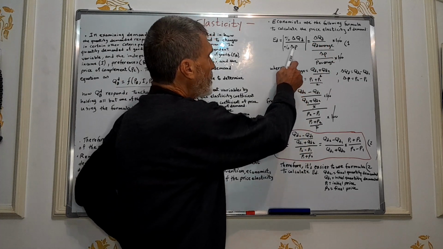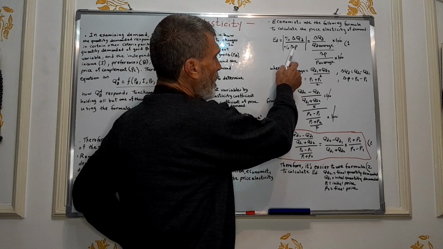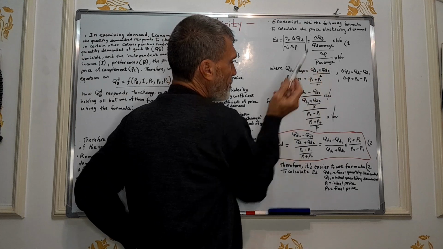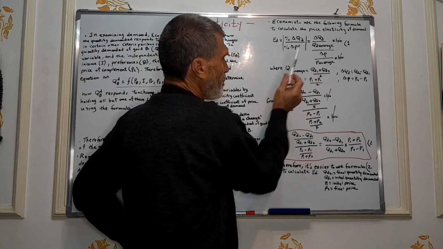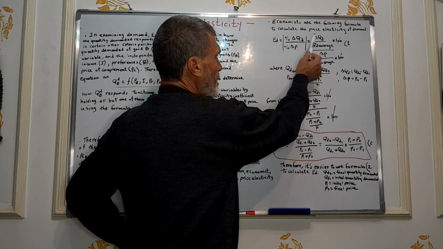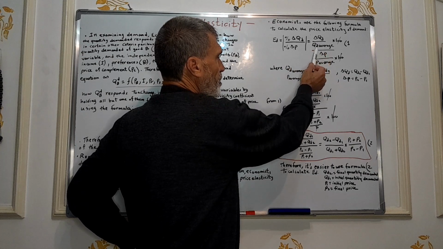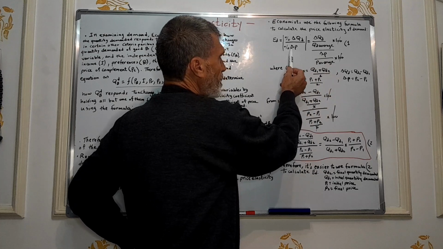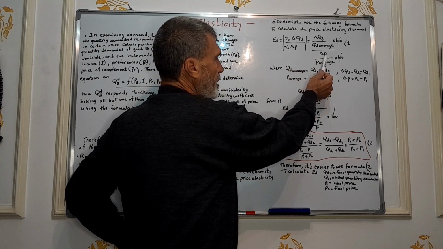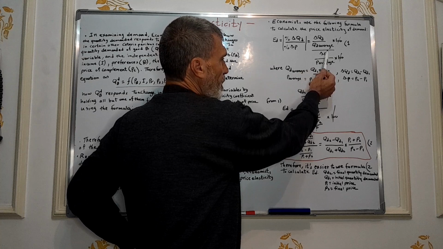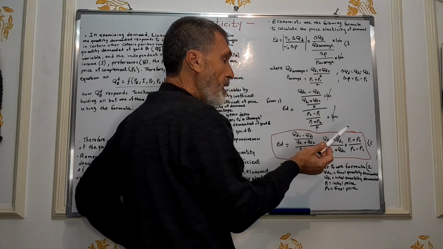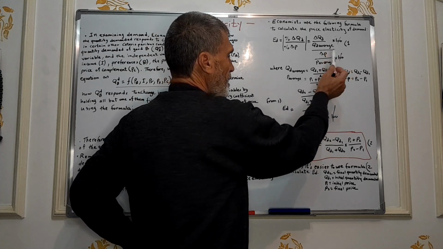And the percentage change in the price is the change in price over the average price, times 100, and then the 100 will cancel out.